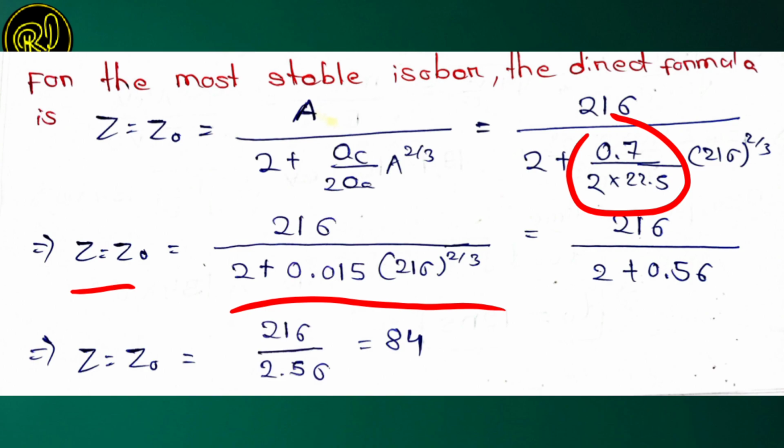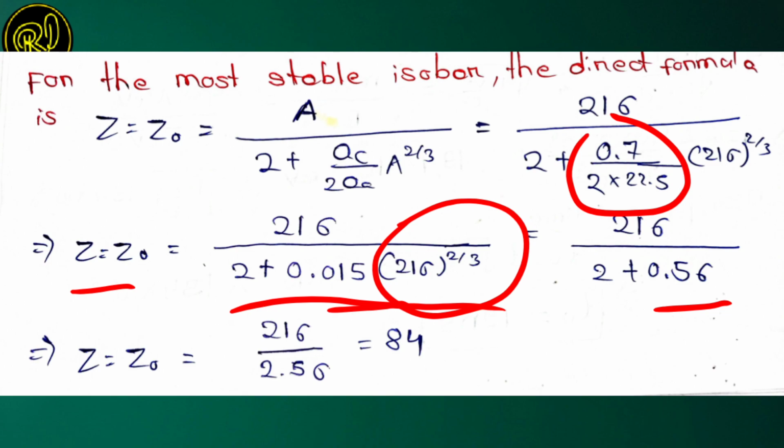So now it is 216 by 2 plus 0.56. If you solve 216 to the power 2/3 in the calculator and multiply that value with 0.015, then you get 0.56. In the CSIR NET examination you have a virtual calculator on your computer screen.